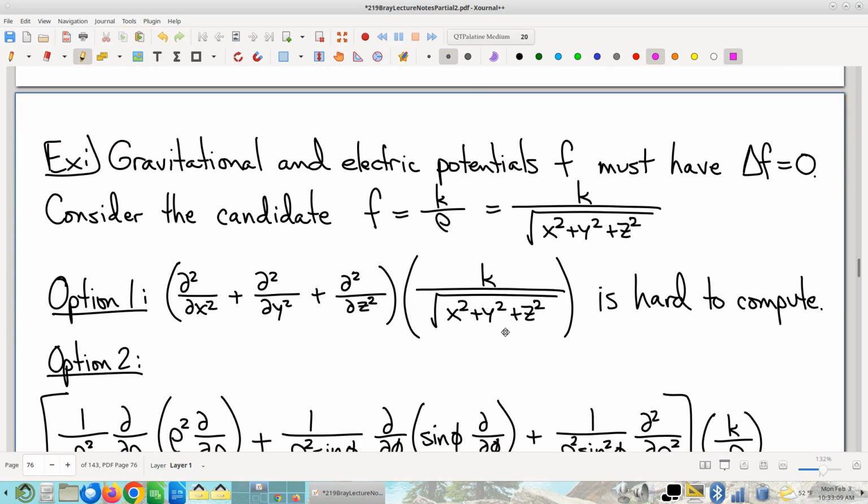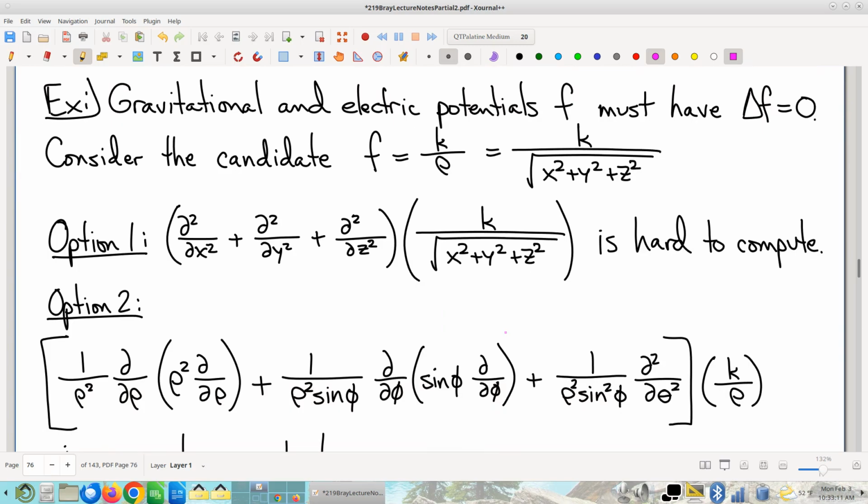So let me skip down to the example, and I'm going to show you what's called Laplace's equation right here. And this is good for all sorts of neat stuff, such as understanding gravitational field, gravitational potentials, to be more careful, and electric potentials. Again, kind of a big deal, right? Something that we certainly need to understand.